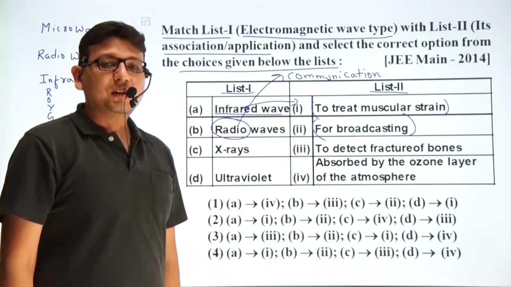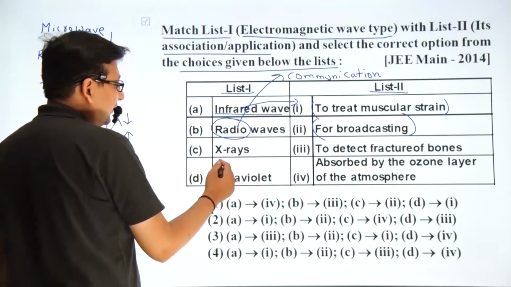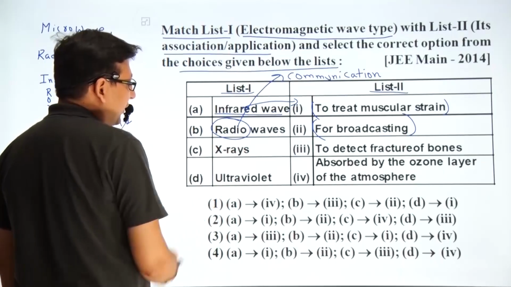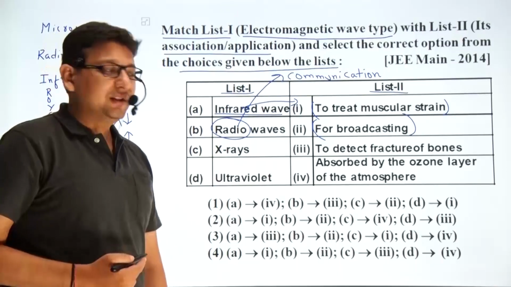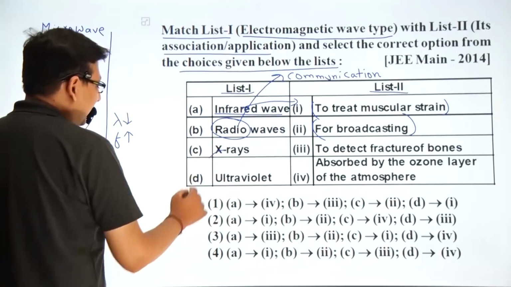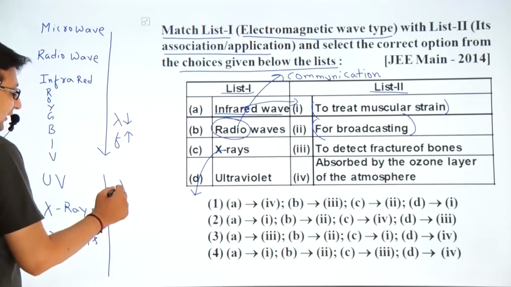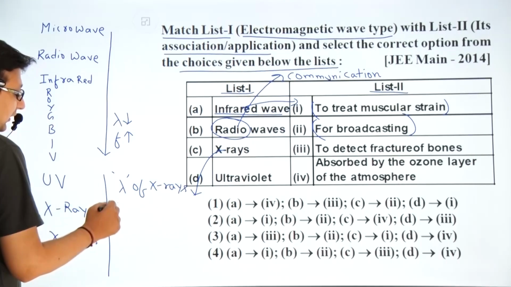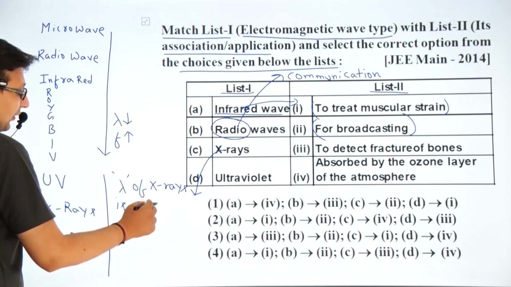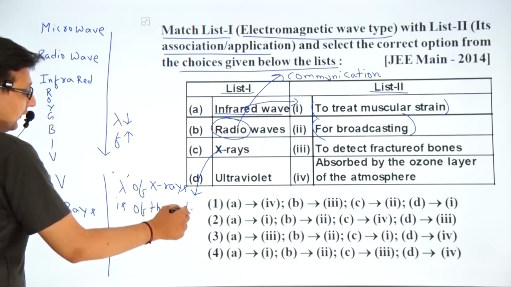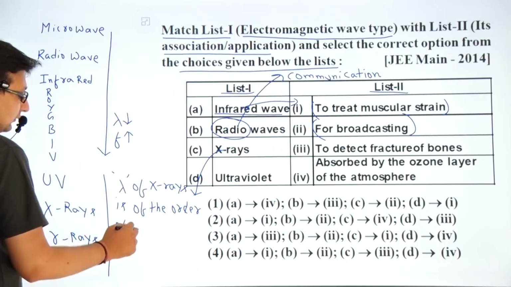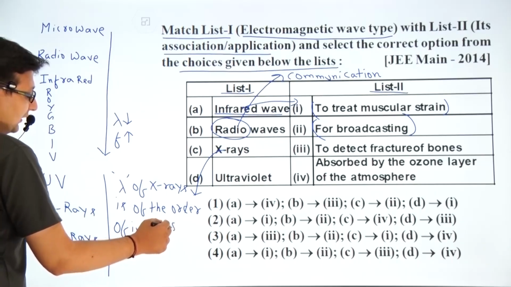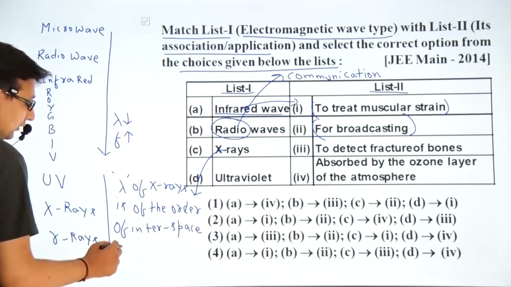Broadcasting means communication. X-rays, the wavelength of X-ray is important, and if you know the wavelength, then only we can answer. So for X-rays, lambda of X-rays is of the order of interspace of atoms.